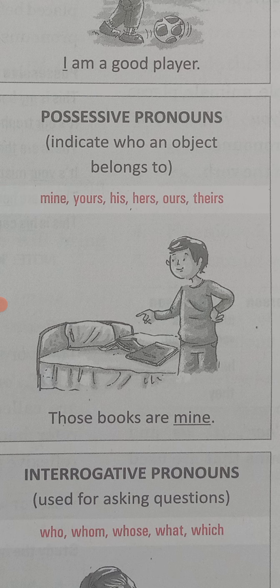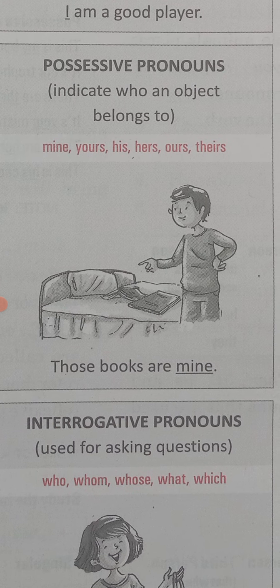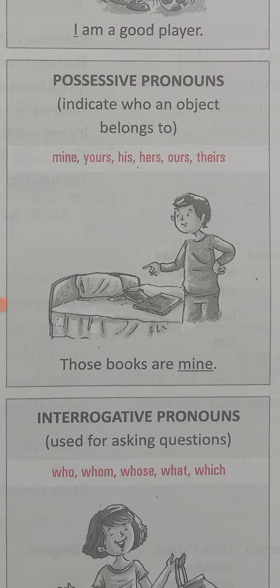Your ownership, like your, mine, yours, his, hers, ours, theirs. Whenever you are speaking about any object in the sentence, then you will also show that this object belongs to whom. Who is the owner of this object? So ownership will be the part of possessive pronoun, like those books are mine.